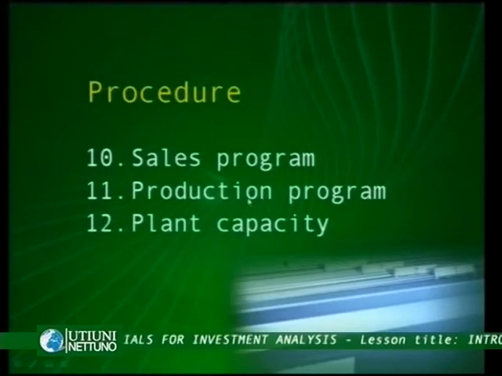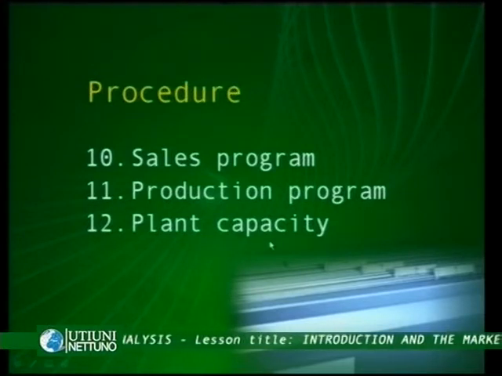Just to give you an idea, seasonality is a very important item which makes an asynchronous demand of resources from sales and production. Once we have fixed the production program, then we have to define the plant capacity. So in this part of the program, as I was telling you in the beginning, we will start with the market and marketing analysis. In the next part of the program, we will define how to structure, plan, and manage the plant capacity.